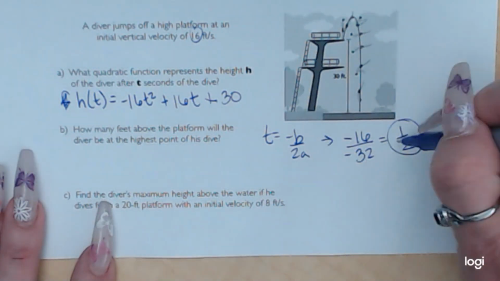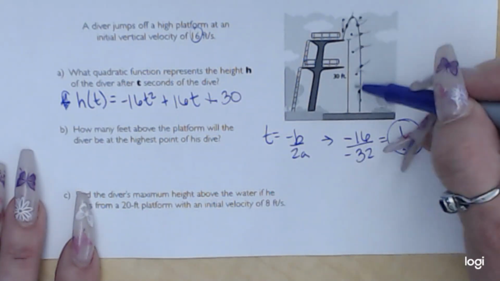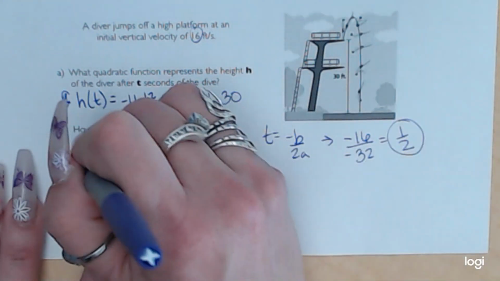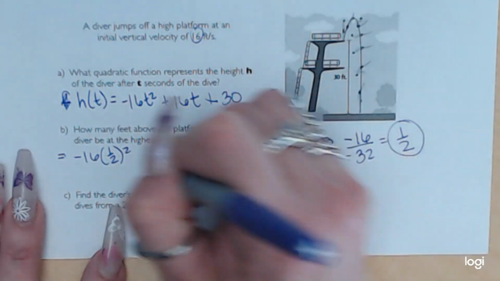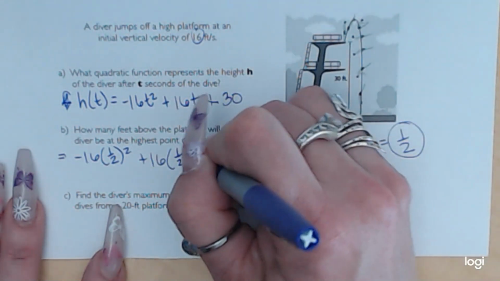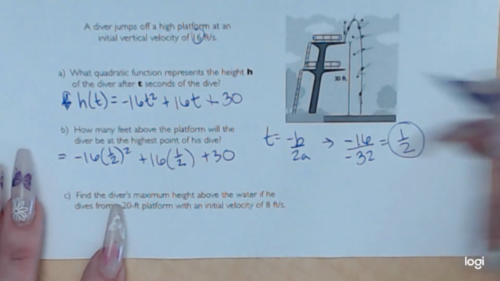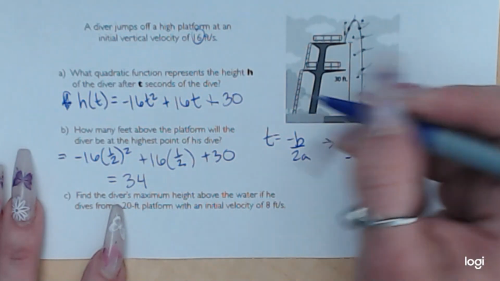Now we need to use this to find our y value, because our y value is the vertical height. So all we do is we substitute this in, just like we did before when graphing from standard form. Okay, we evaluate this and we get 34 feet.